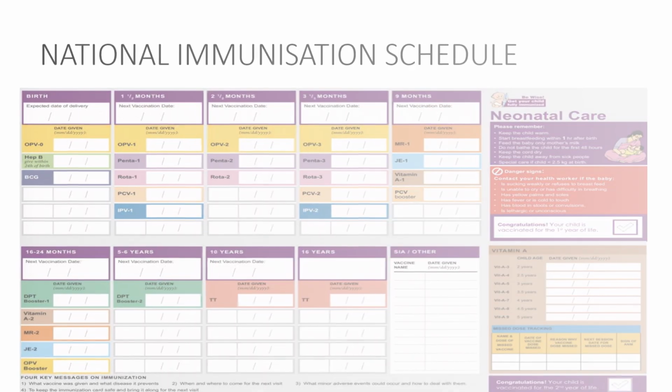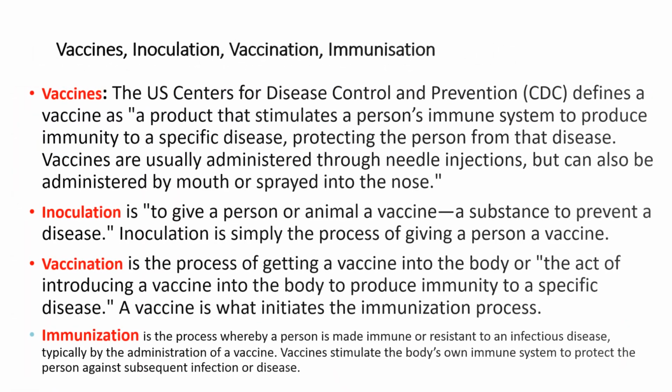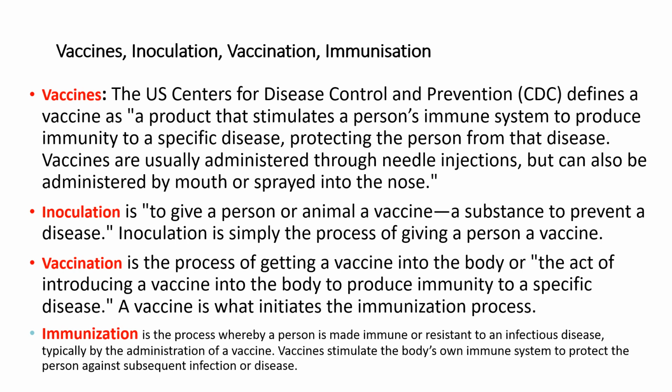And also in this context, there are certain very common questions which you should go through: what is a vaccine, what is inoculation, what is vaccination, and what is immunization. Do go through this slide properly.